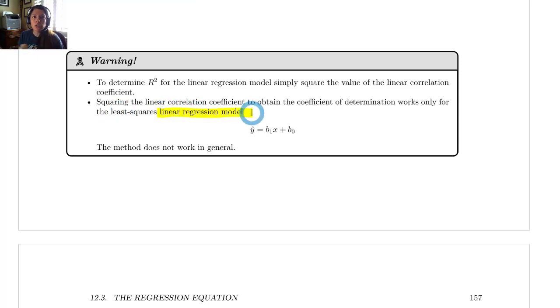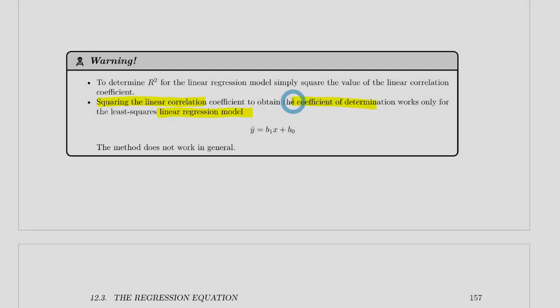So when I say r squared, it's only for a linear model. If it was any other type like parabolic, exponential, logistic, any other type of nonlinear model, it wouldn't work. This method doesn't work for everything. It's just the fact that it's linear and the slope is a constant rate of change that we were able to take the r and square it. Otherwise, it doesn't work for all.